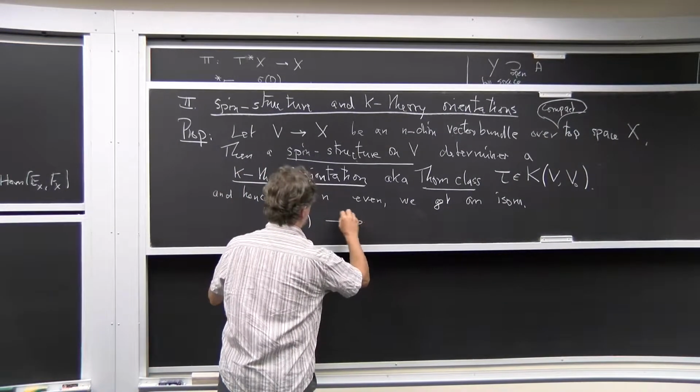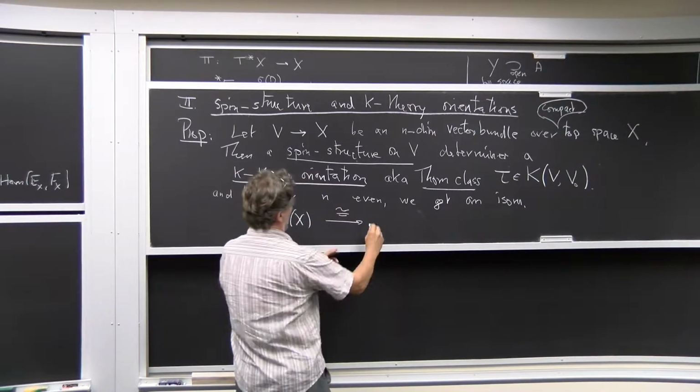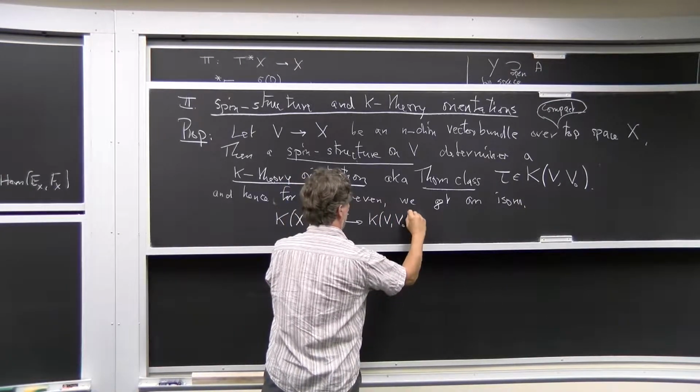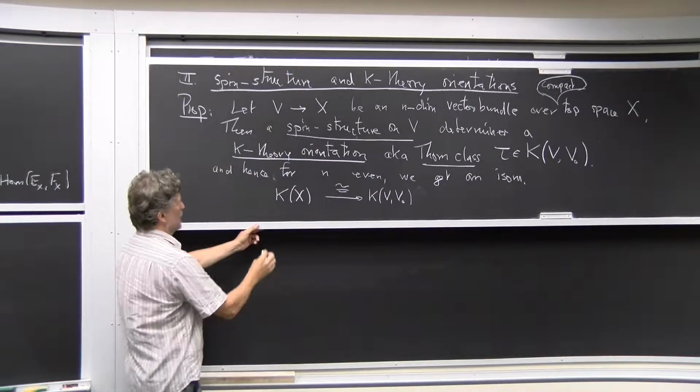I have an isomorphism of that and this relative K-theory group, which is given as follows.